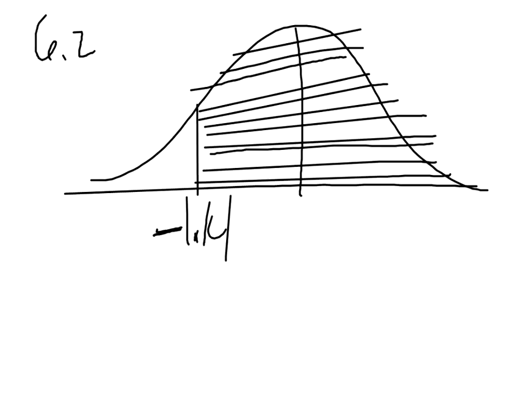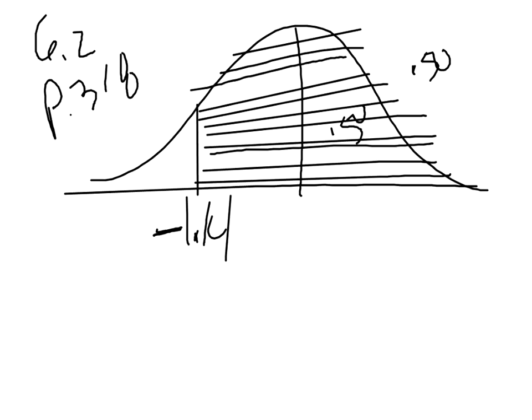Just to give you an idea for an answer, you better get an answer that's above 0.50 because this area right here is 0.50 already. So when we get an answer, it has to be bigger than 0.50. Again, this is 6.2 on page 318.